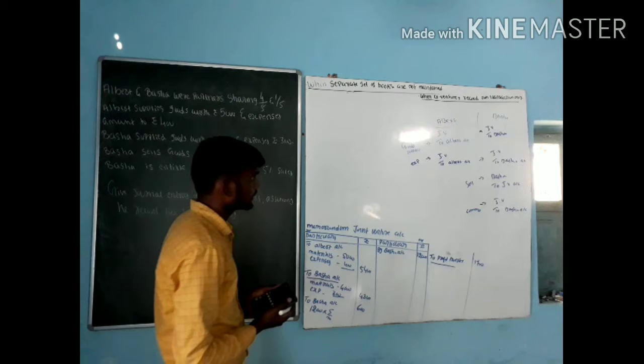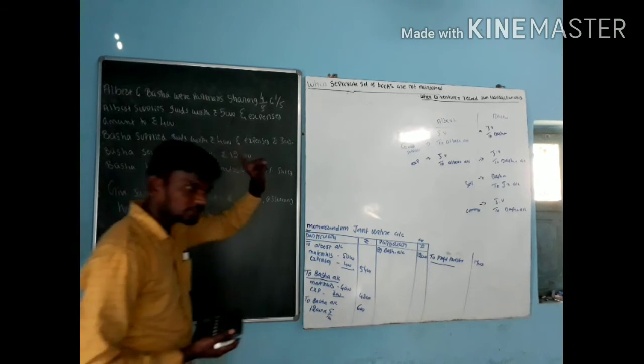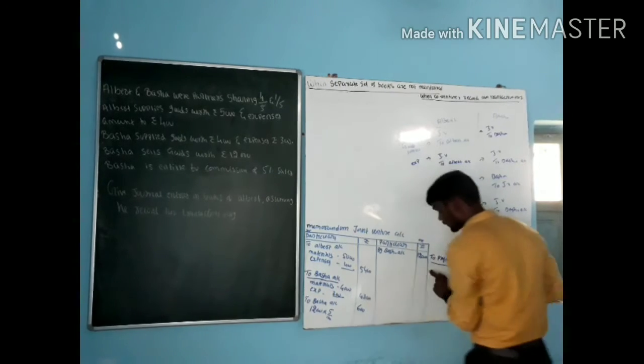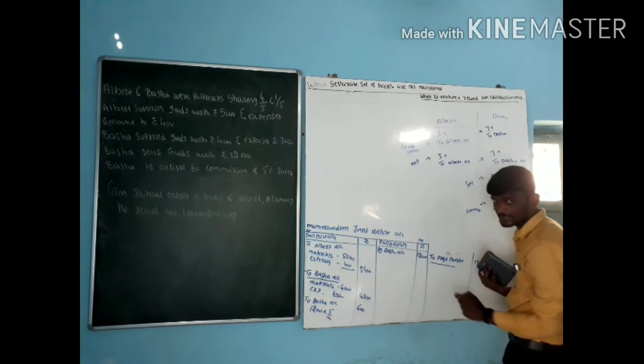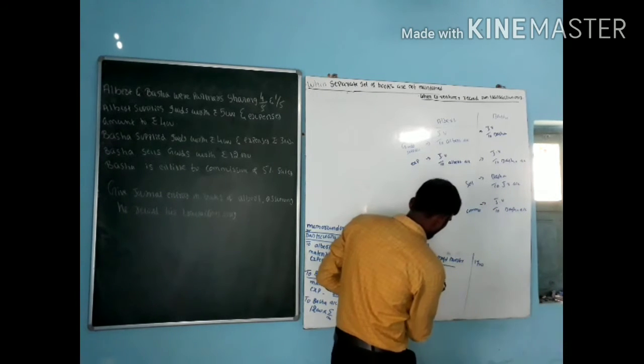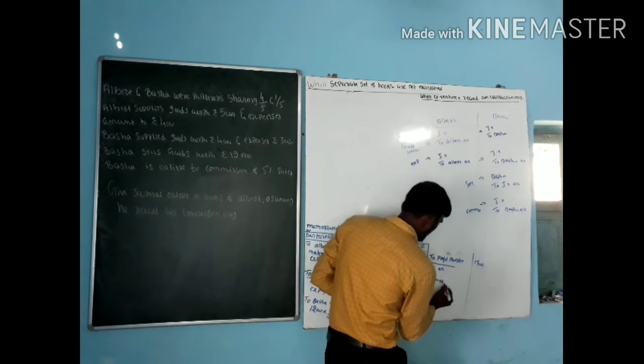How to share? In the books of whom? In the books of Albert. Albert's share I am to write as profit and loss, like the previous situation. Then the remaining amount we should take as Basha's.